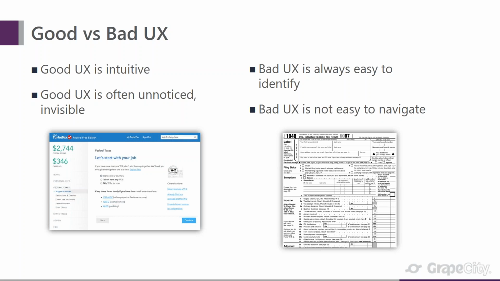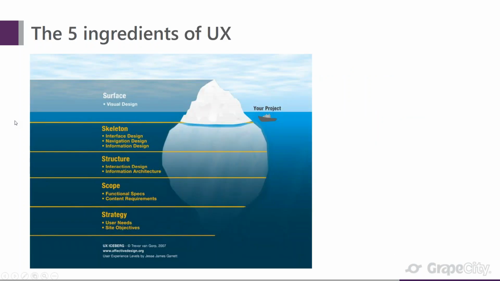It's just less stressful, less cumbersome. And this is what makes a good UX. So let's talk about the elements that make this good UX. From a design perspective, Jesse James Garrett listed 5 elements in order to create a great UX.